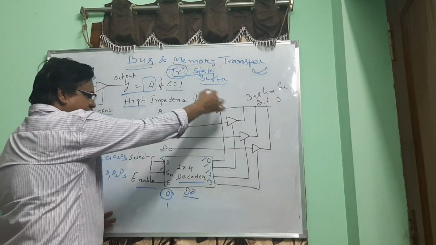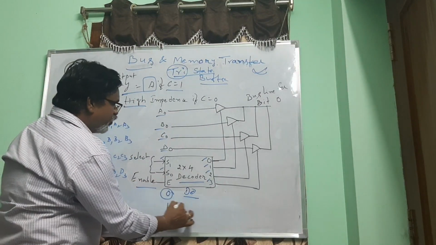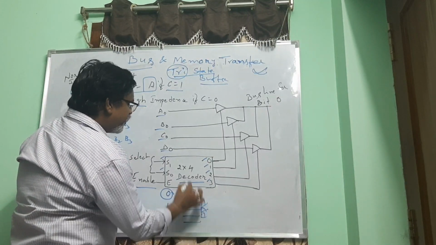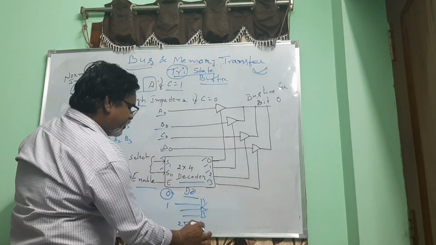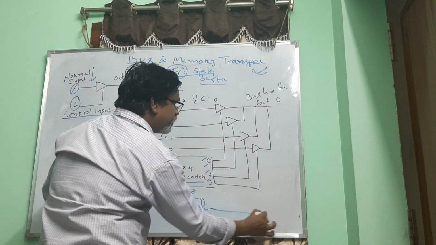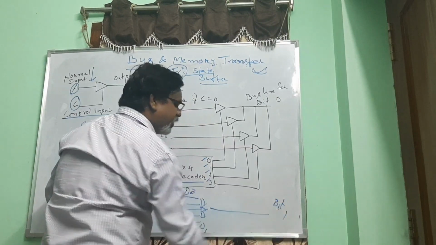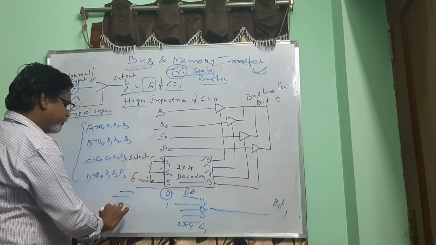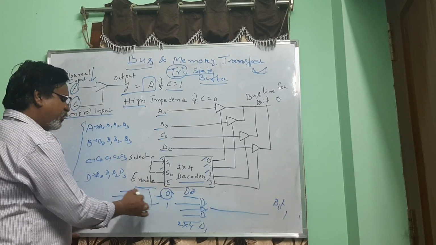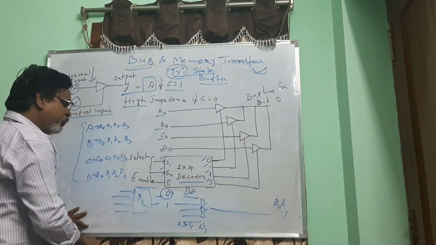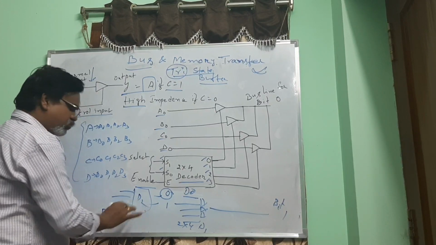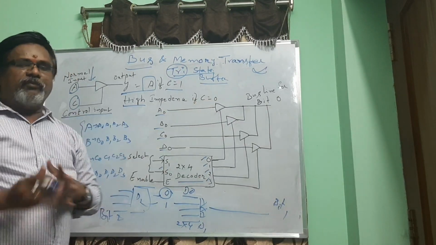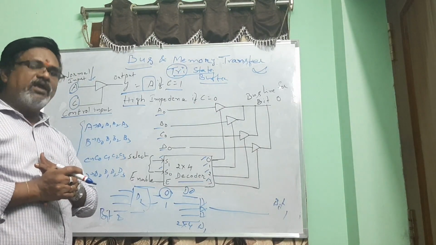So if it is meant for only 1 bit, you need to draw one more tri-state buffer diagram with one more 2x4 decoder, maybe decoder D1, to generate bit 1, and again one more, a 2x4 decoder D2, to generate bit 2. So as many bits as there are, that many diagrams like this will come into the picture.